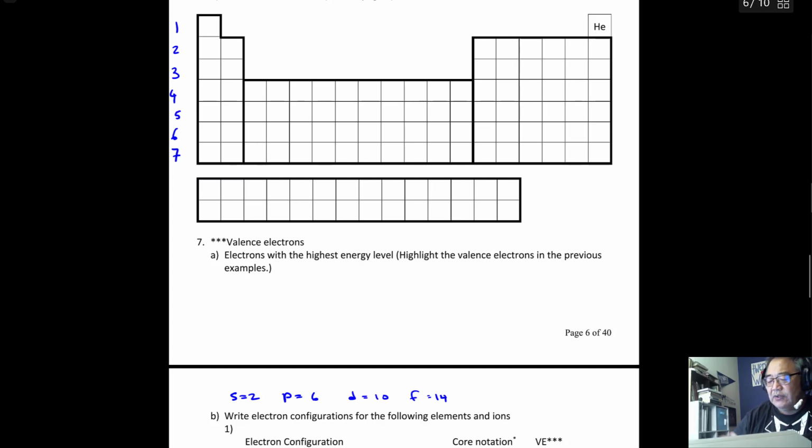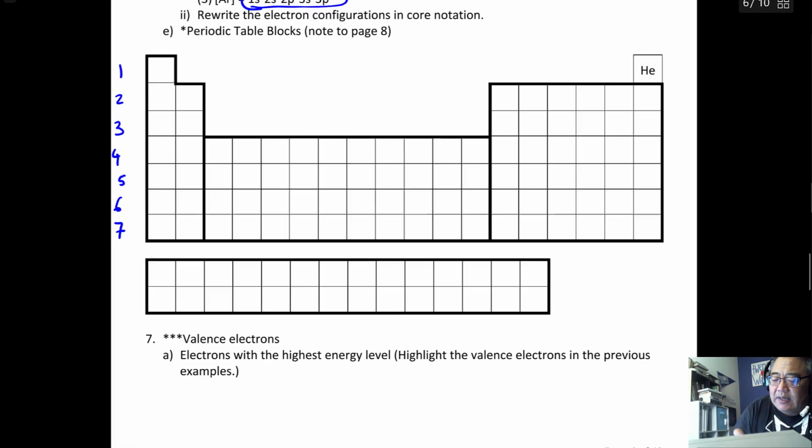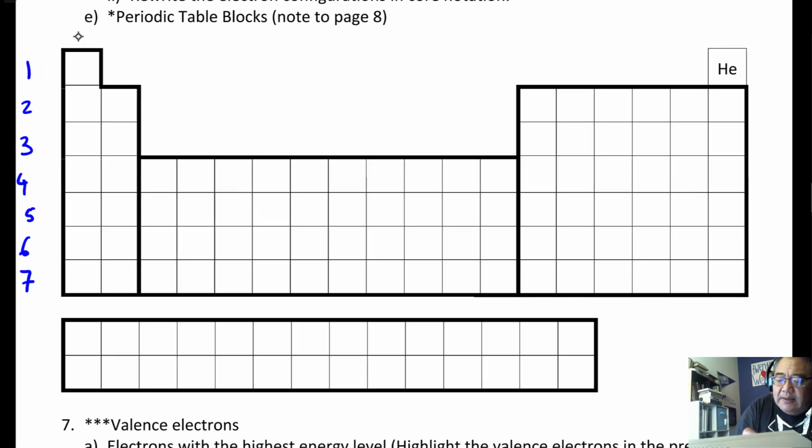What I want to do is first focus on the S orbitals, where you can get 2 electrons of the S type, right? So you'll notice that this is up here, 2 columns wide.